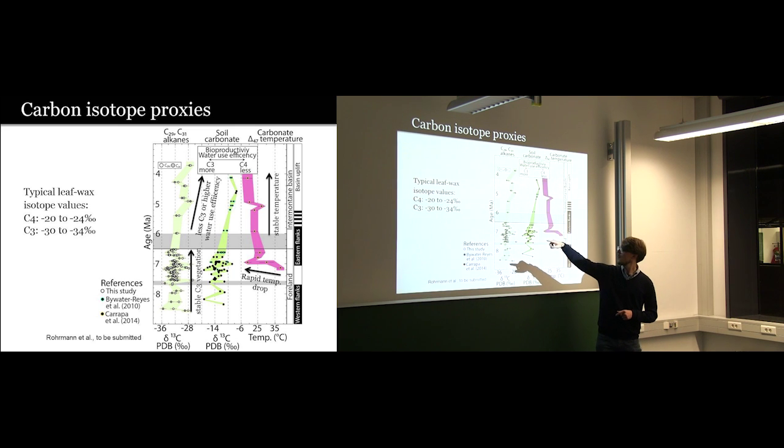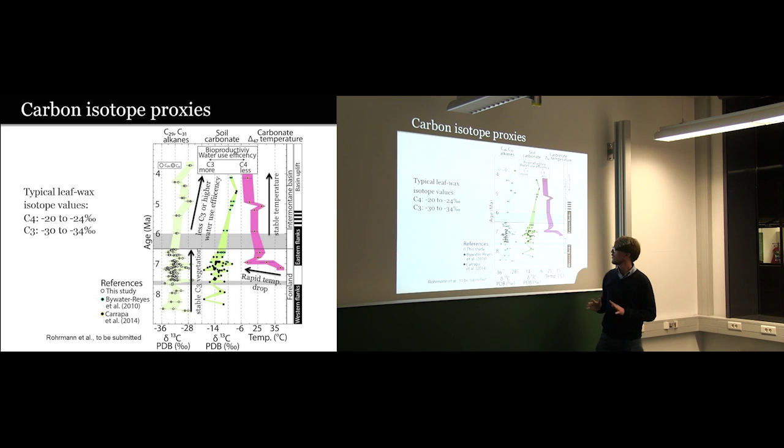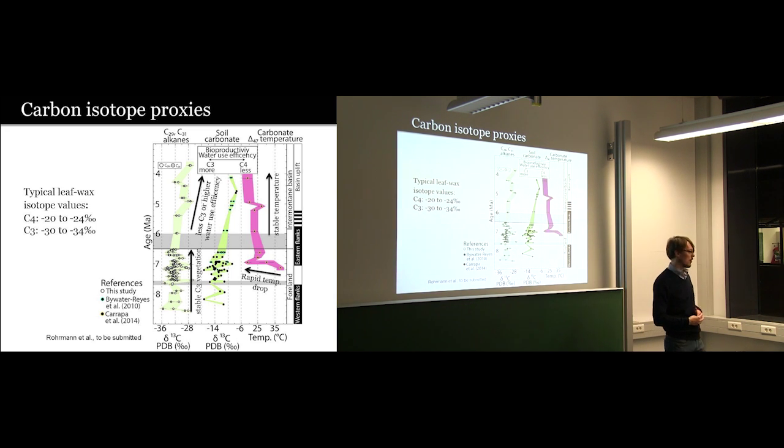If you look at the carbon lipids, you see that there's not much difference, but only here towards the end you see a gradual shift to more C4, so more enriched isotope values versus depleted isotope values, indicating more C3. This is really showing that there is less bioproductivity, so more arid conditions, or a higher water use efficiency, but this means also that it must be much more arid.